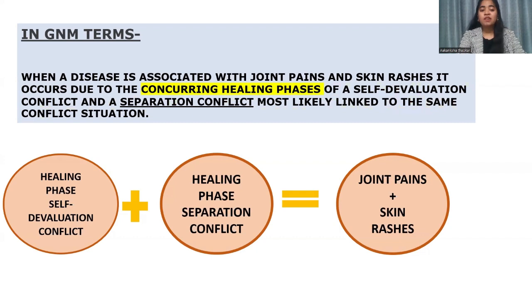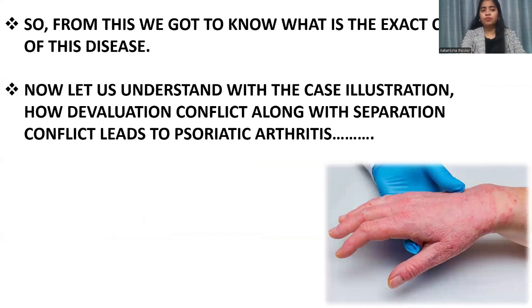That is, the healing phase of self-devaluation conflict and the healing phase of separation conflict give rise to the symptoms of joint pain and skin rashes. So from this, we got to know what is the exact cause of this disease. Now, let us understand with a case illustration how devaluation conflict along with separation conflict leads to psoriatic arthritis.